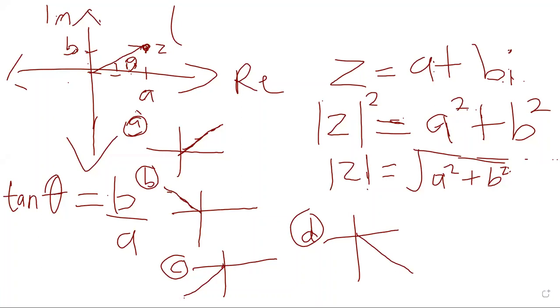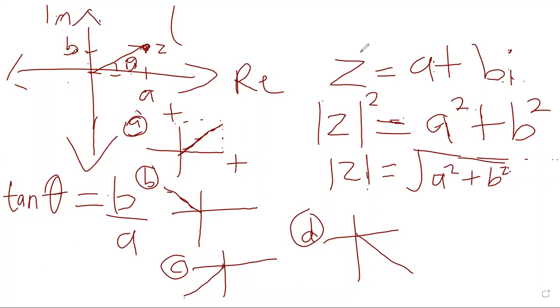Tan inverse is the same as arctan, for those who don't know. So for these 4 situations, it's quite simple to know what kind of situation it is. In this first case, the real part is positive and the imaginary part is still positive.